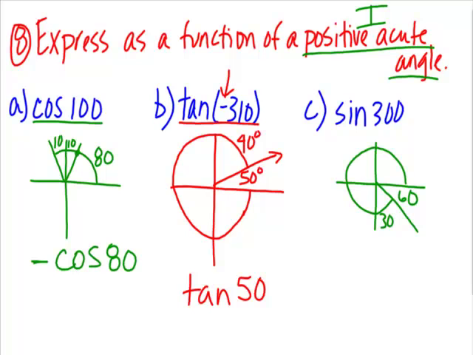So in order to get the same function value, and this is not the most beautiful depiction of the unit circle, I know I need to go 60 degrees above. So this guy right here is going to have the same value. So the sine of 300 and the sine of 60 is going to have the actual same number value. Now the question is, if I hit sine 300 on my calc, I'm going to get a negative. So in order for this to come out the same negative, I need to put a negative sign in front of it.